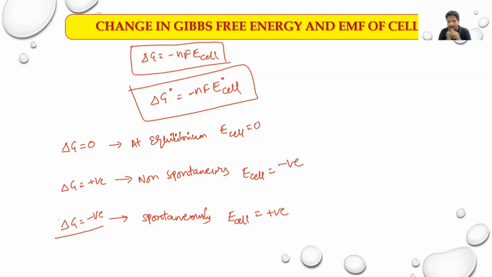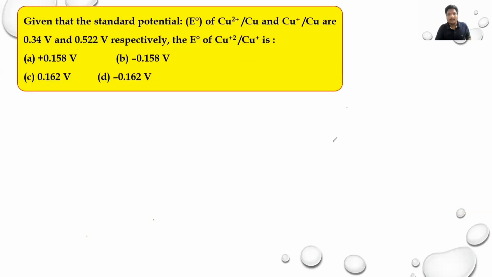So this is about what electrode potential is, what the EMF of the cell is, that is, the electromotive force, and the relationship between change in Gibbs free energy and EMF of the cell. Now let us try to solve some questions related to the EMF of the cell. Here there is a question.